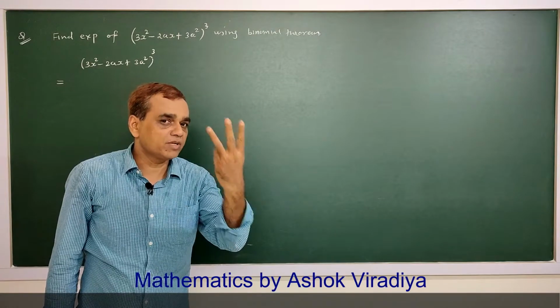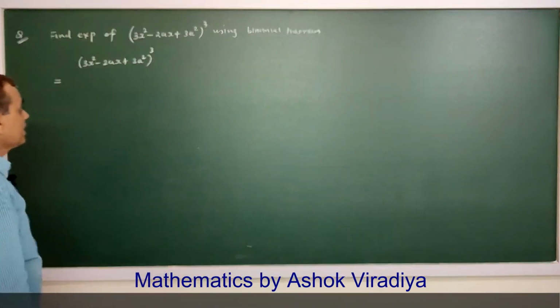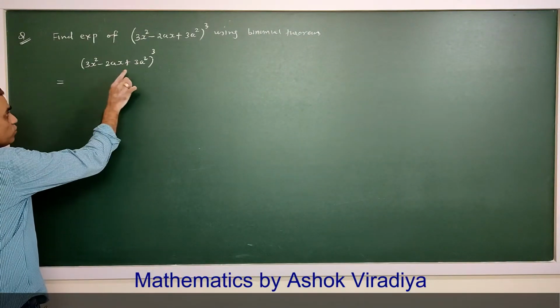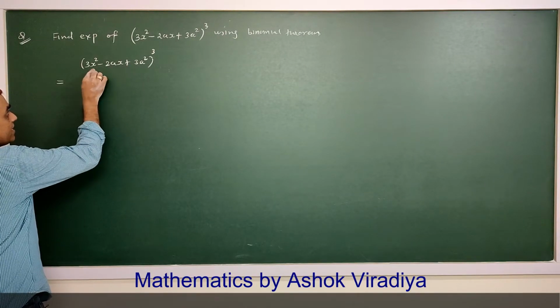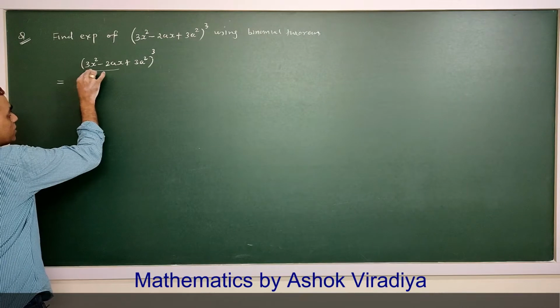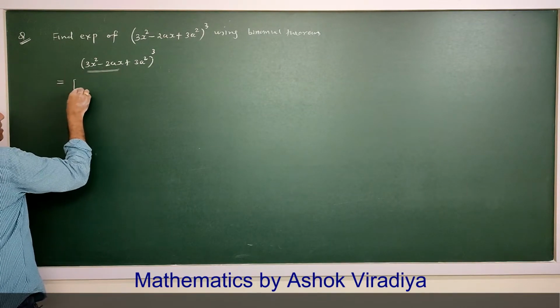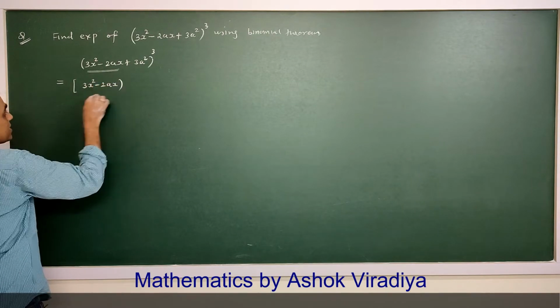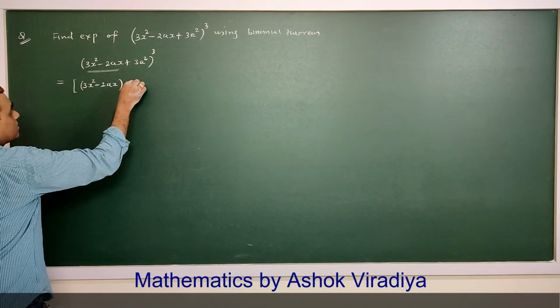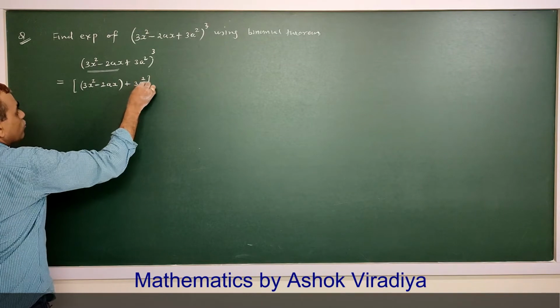Here there are 3 numbers. So what we do? We make an association of any two. Because here there is a plus sign and here a minus sign, we take the association of these two numbers. So this can be written as (3x square minus 2ax plus 3a square) whole cube.